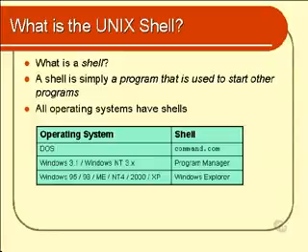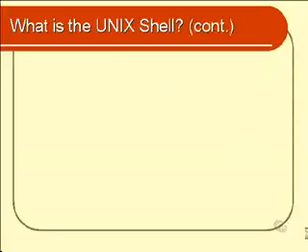And later versions of Windows, such as Windows 95, 98, 2000 and so on, use a program known as Windows Explorer. That's the program responsible for putting the icons on your desktop and also for putting the Start button in the lower left hand corner of your screen.